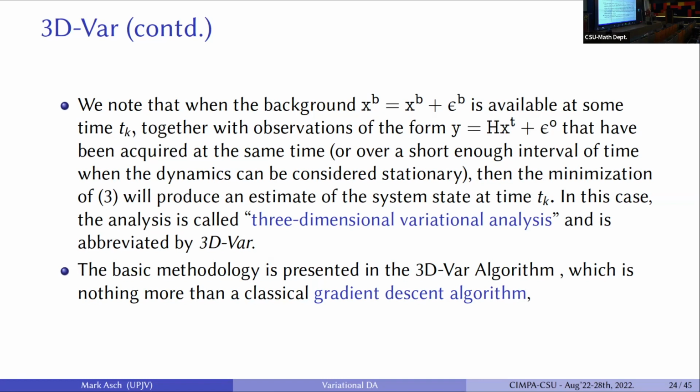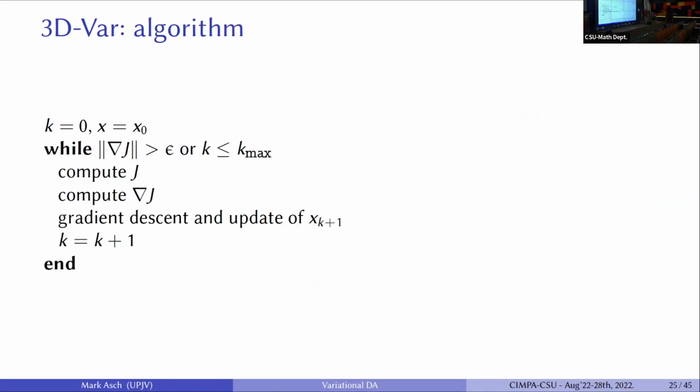Okay, but in the end, the basic methodology is just a gradient descent algorithm, which is very, very basic, from your first course in numerical optimization, and even if you don't do it, even theoretically, it's very simple. We've got a gradient. We initialize with k equals 0. We suppose we have x equals x0.